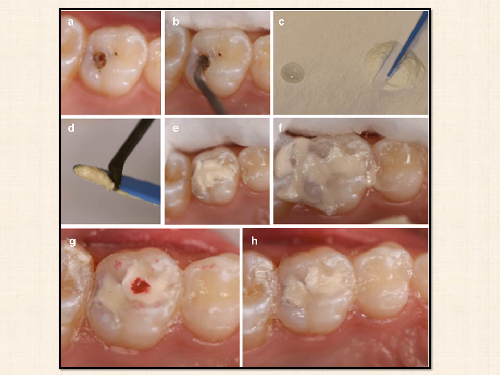Here again, in the first picture we have a small tooth preparation, which is excavated using a hand instrument, a spoon excavator. The glass ionomer is mixed, after which it is restored, any high points are checked, and it is sealed.